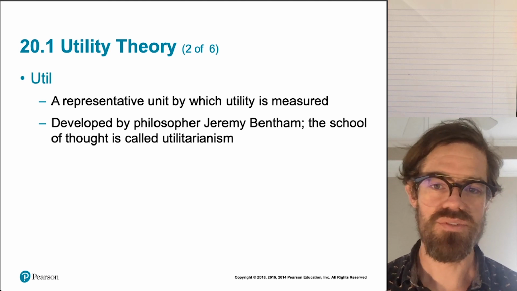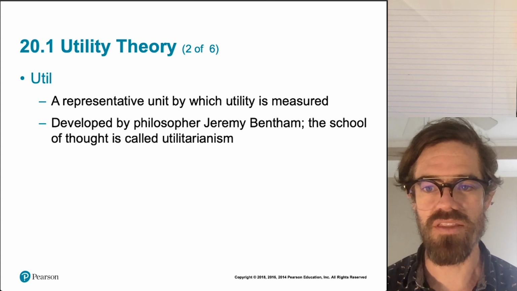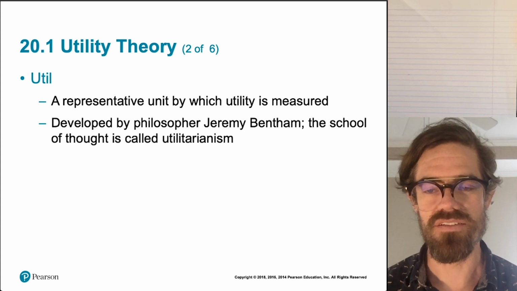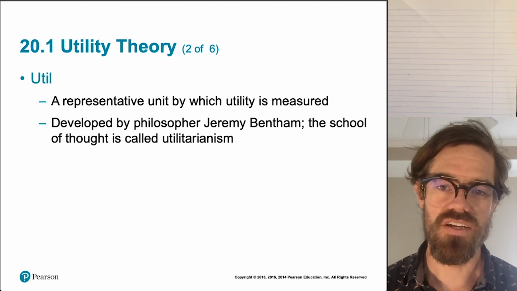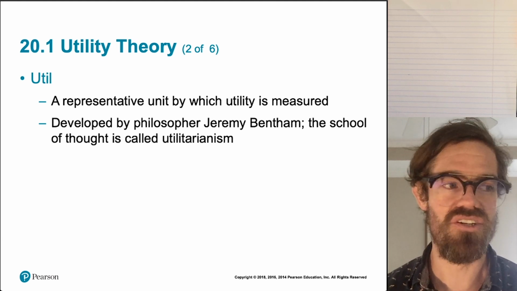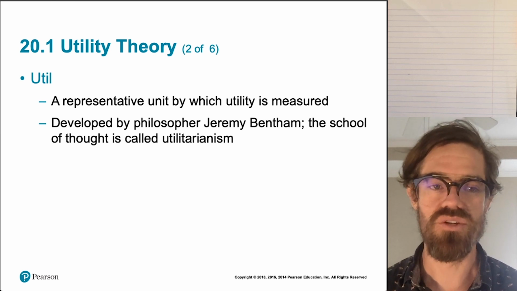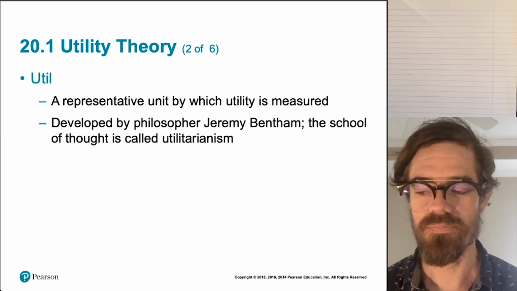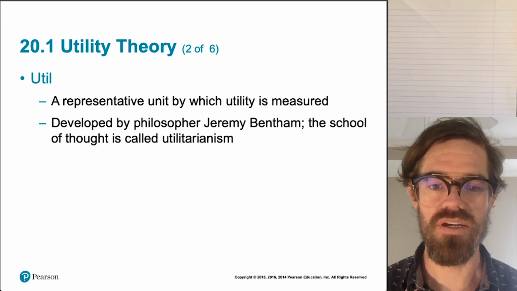This idea of utility was developed by a philosopher named Jeremy Bentham, who developed a school of thought called utilitarianism, where he proposed that it should be society's goal to maximize social well-being, social utility. If you're ever interested in reading some good philosophy, I recommend reading Jeremy Bentham and his utilitarianism theory.